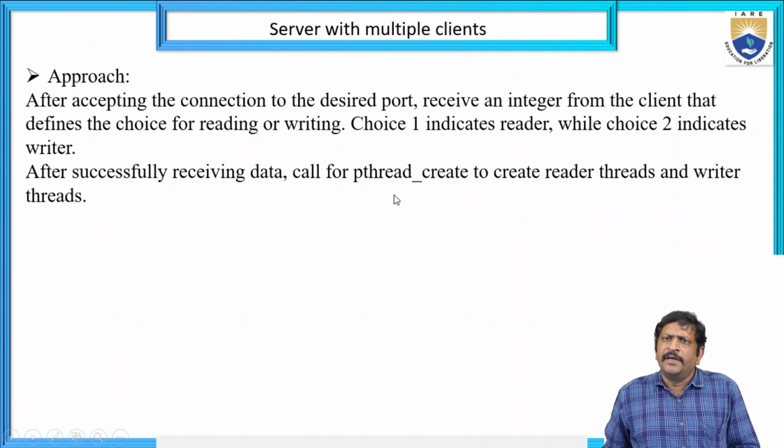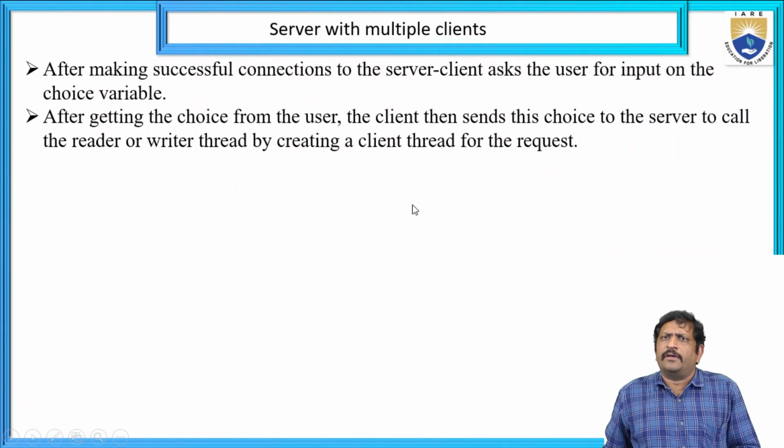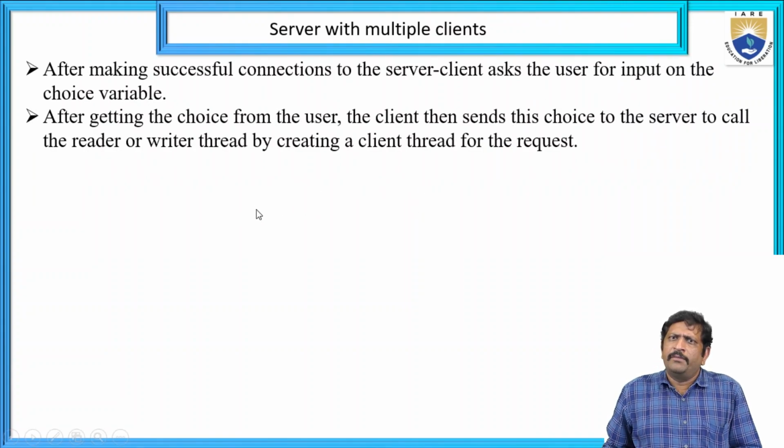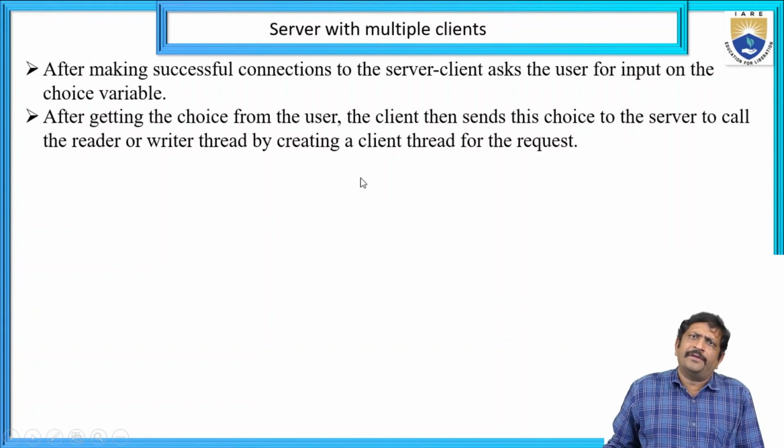After creating them, data flow can be done from multiple clients to a single server. If you want to do the communication, we have to create threads between the server and the clients.